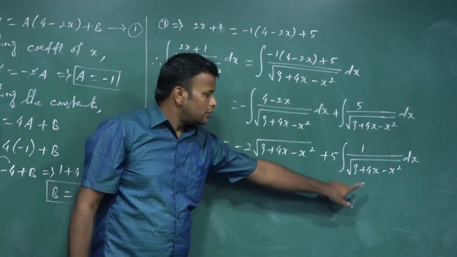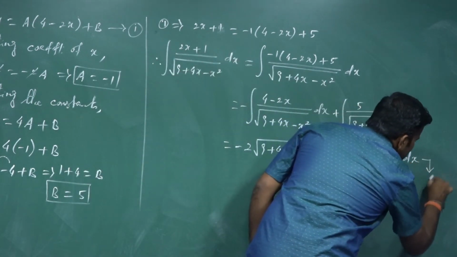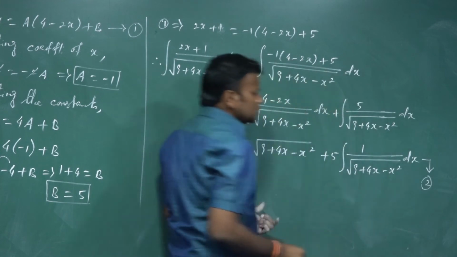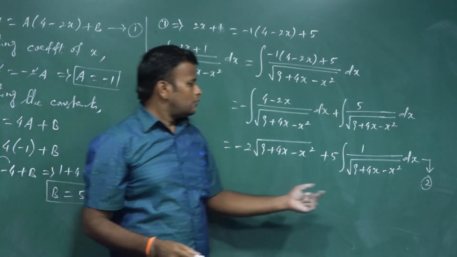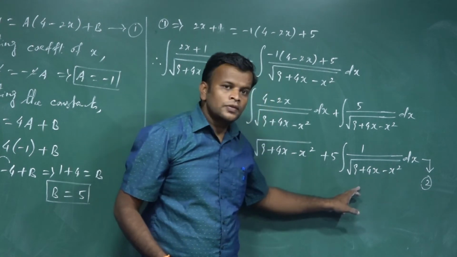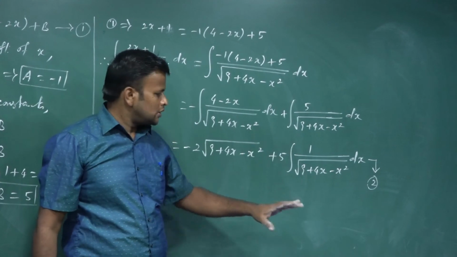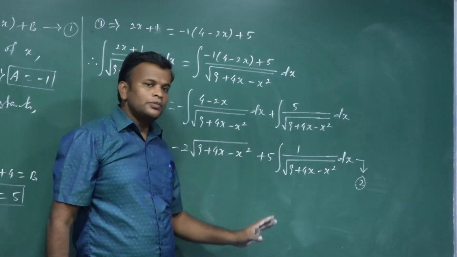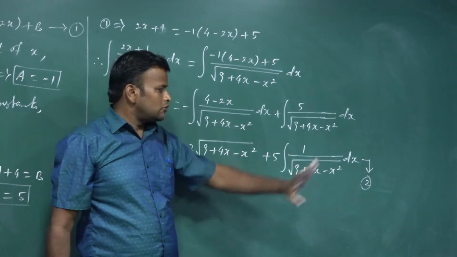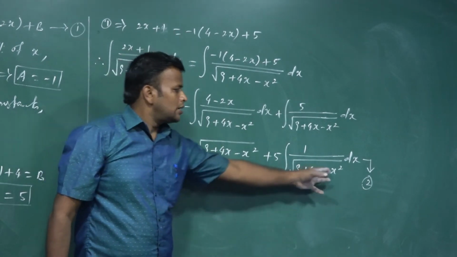Next, to find the value of this integration. For easy purpose, you put the equation also. For easy understanding, we call it equation 2. Then we consider the term. Just we add and subtract the coefficient of x by 2. This process also comes to one formula shape. Then use that value in equation 2.